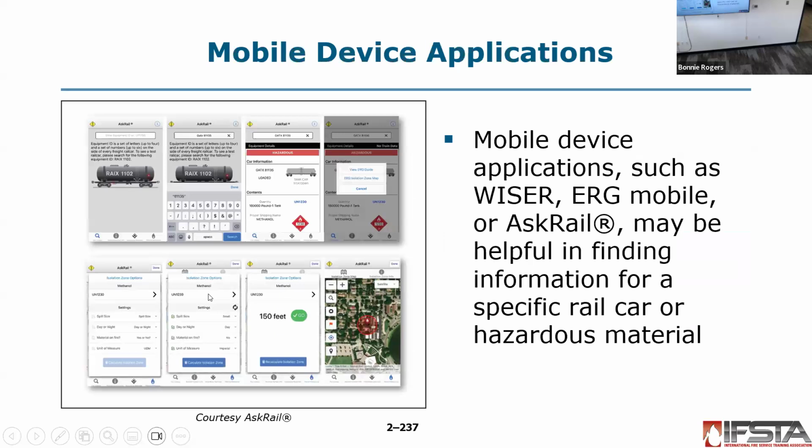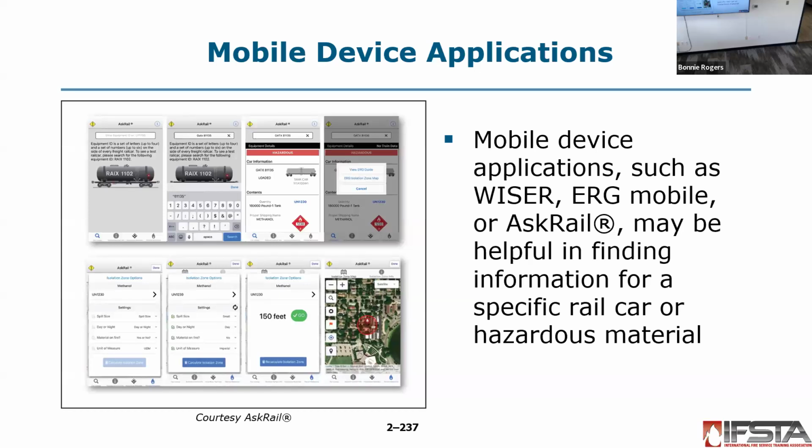Getting into these can be very valuable. We've got some mobile apps. I have a bunch. I have a folder I call fire stuff. I've got the ERG on here. It makes it super easy just to flip through it. Does anybody have any of those downloaded on their phone?